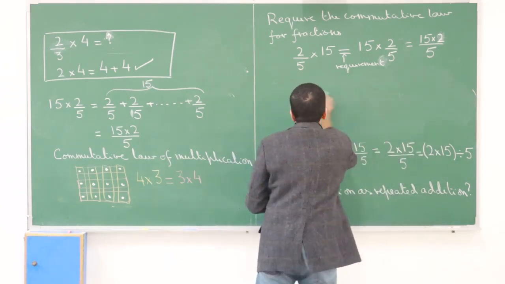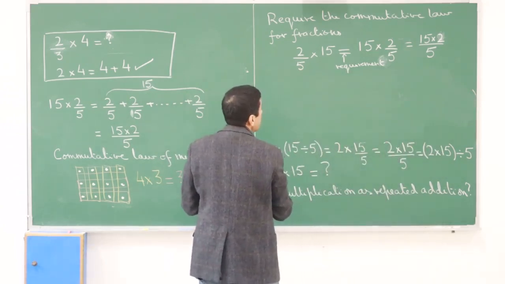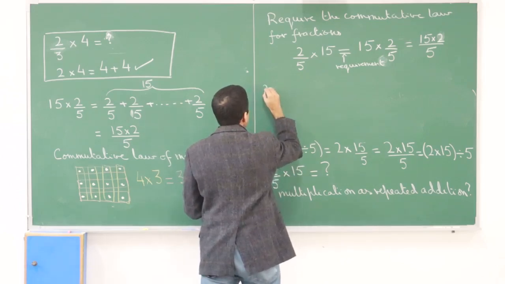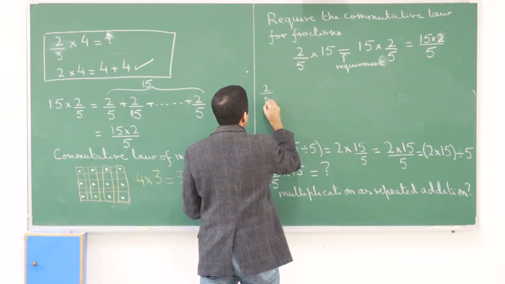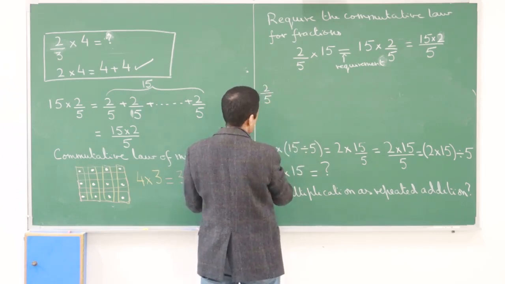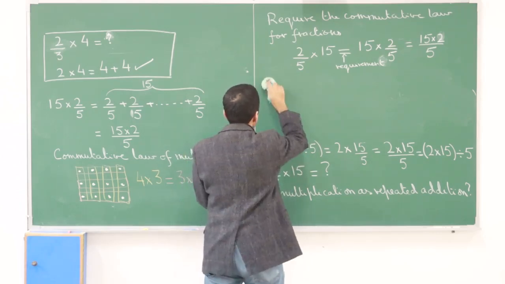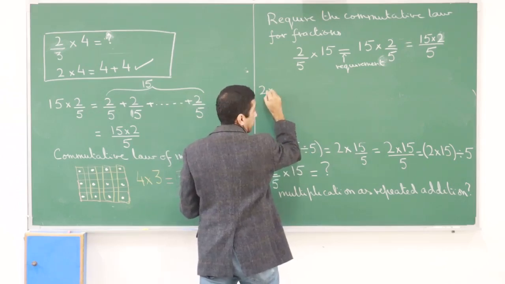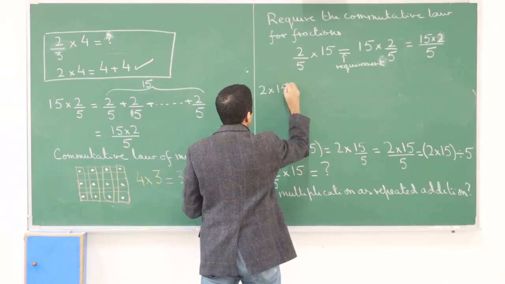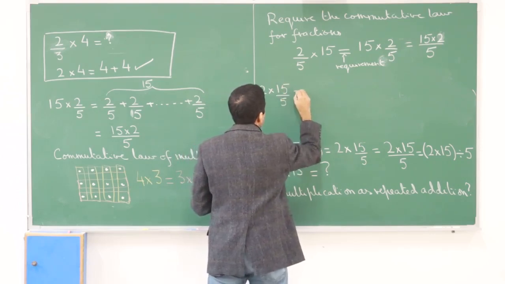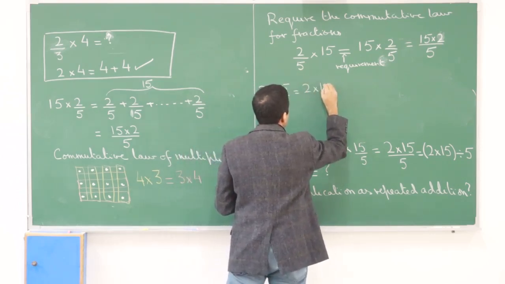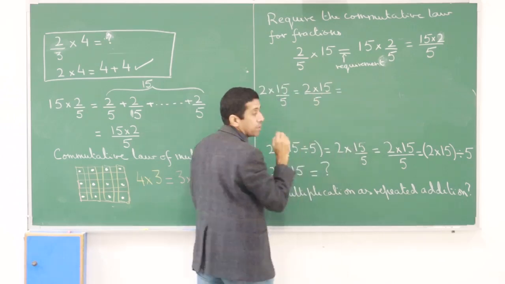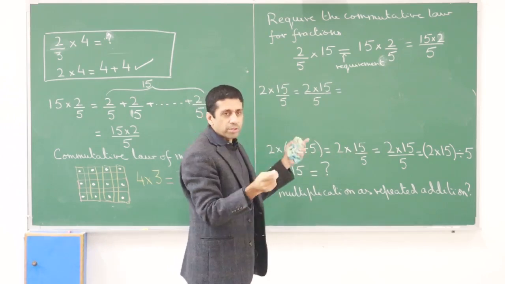I mean, we have spent a lot of time with ants and chocolates and everything. So now what I can say is that 2 over 5, so what can I say? I can say lots of things. Let me start from here. I can say 2 multiplied by 15 over 5 is equal to 2 multiplied by 15 over 5, which is always equal to that.